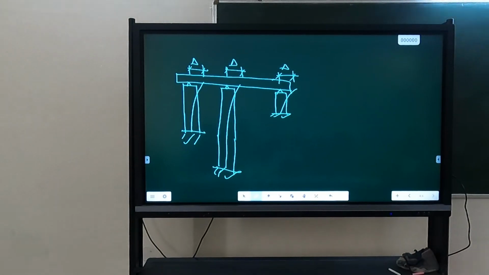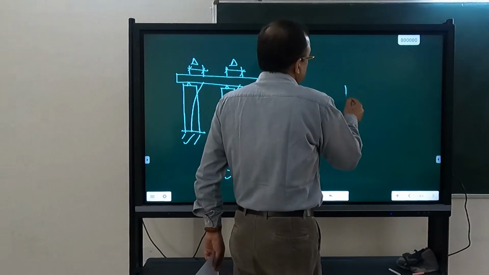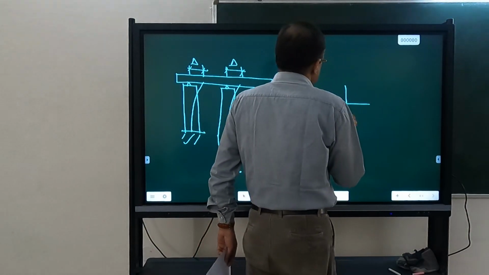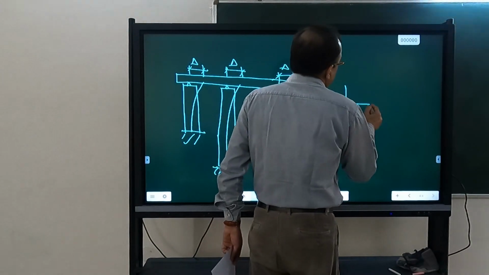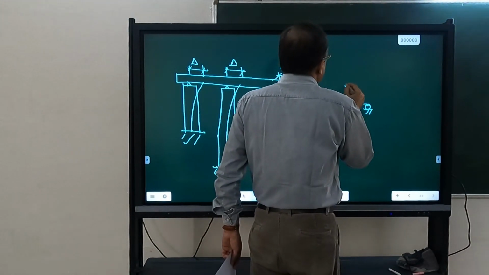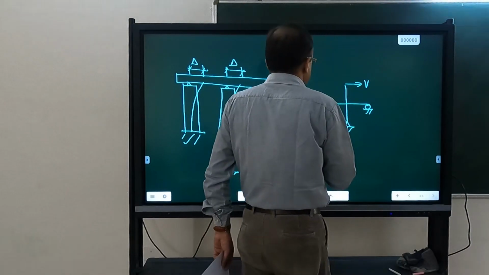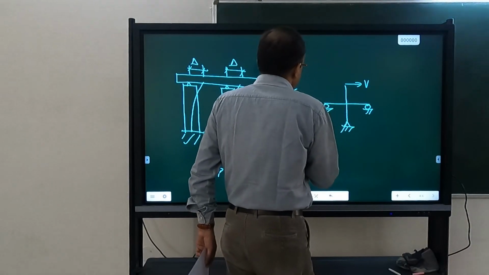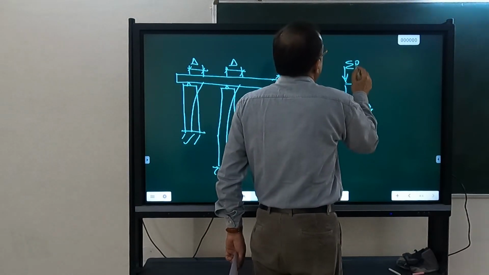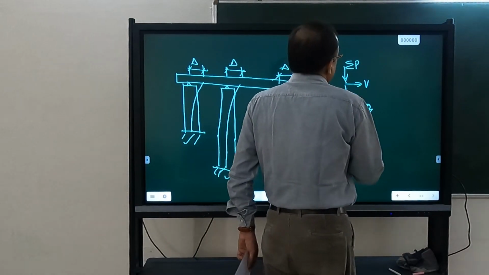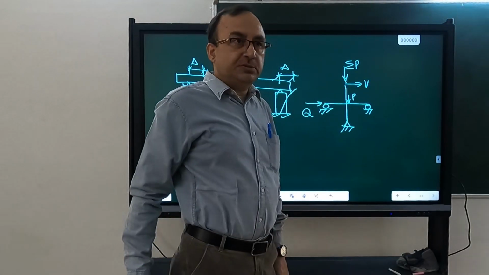Actually, on any sub-assemblage here, there is a Q also here. Similarly, there will be a summation P from here, and then another P will be acting here. The summation P is from the upper story.